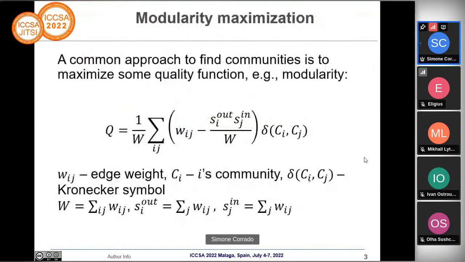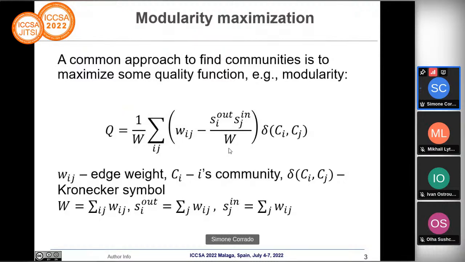One of the most famous and widely used quality functions is modularity, proposed by Newman, and it could be defined like that. You can see the formula. Basically, if you have a weighted directed graph, then for each pair of nodes i and j, you assign a score to this pair of nodes, which is based on the weight of the edge between them and the normalized degrees of the nodes.